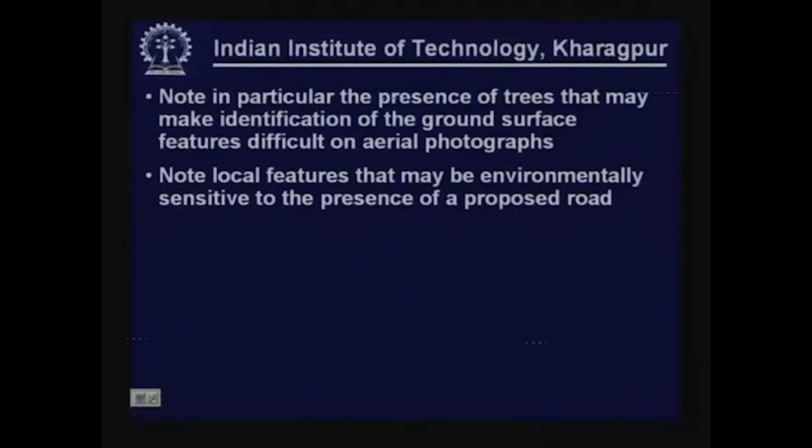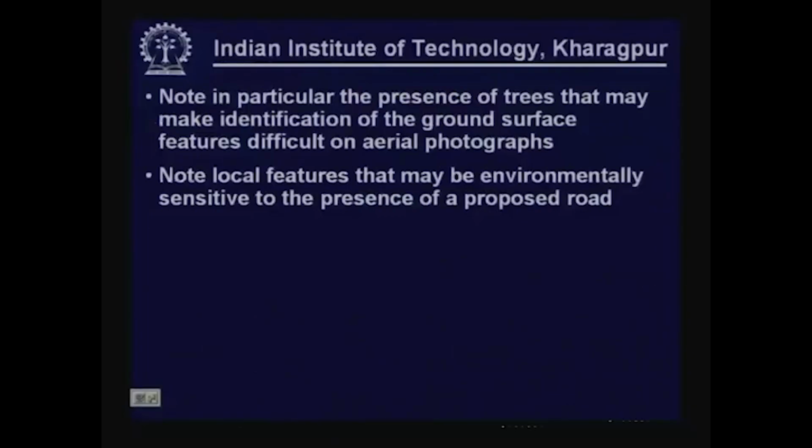It is worthwhile to mention that one should note in particular the presence of trees, especially big trees, because such trees may make identification of ground features difficult on aerial photographs. When aerial photographs are taken, big trees may obstruct the view of the ground reality. So, one has to be careful, and finally, note all local features that may be environmentally sensitive to the presence of the proposed road.